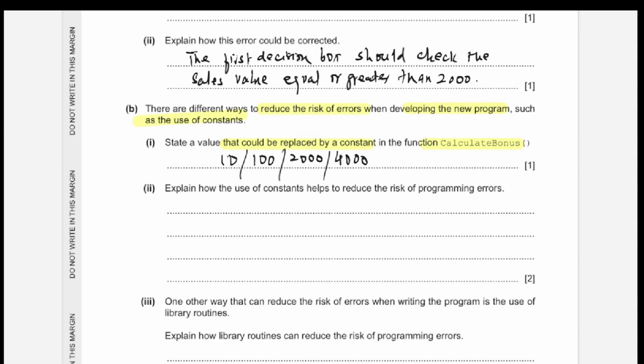Now let's see. How does the use of constants help to reduce the risk of programming errors? This is something that we usually quote whenever we are referring to this. So the help of the constant, number one, values remain fixed, cannot be changed.